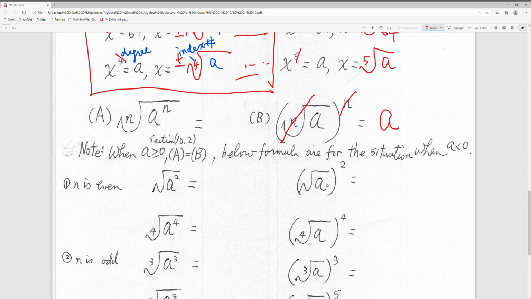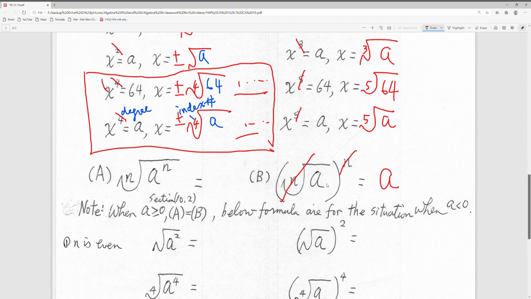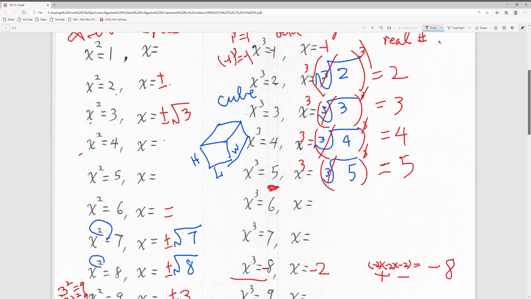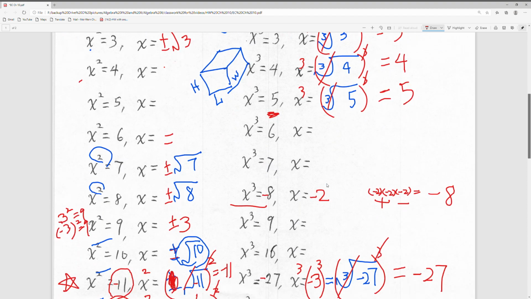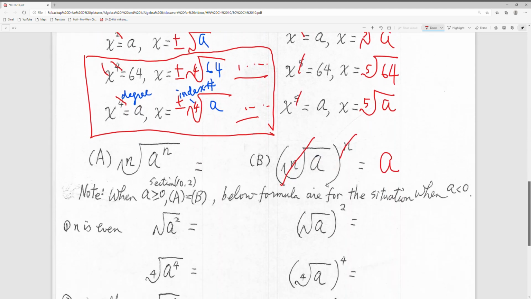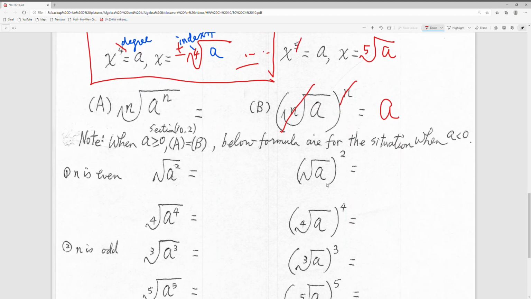Actually, remember the square root of A, you have only one solution, not a positive and negative, only one solution. So if A is positive, then they are equal.